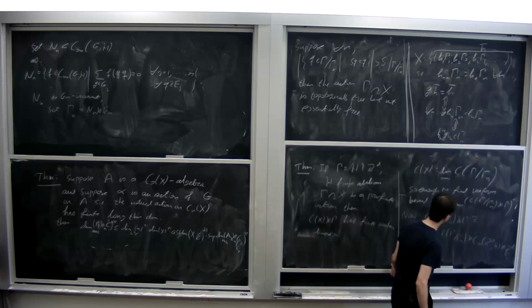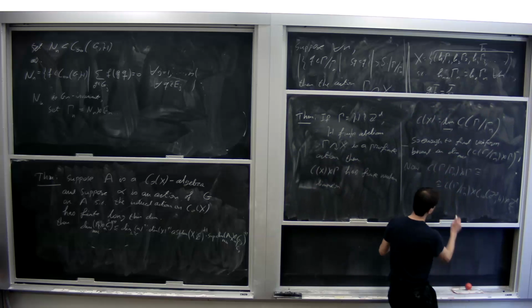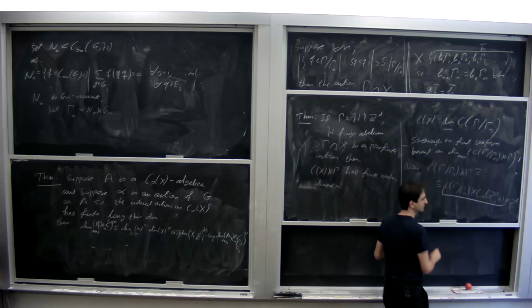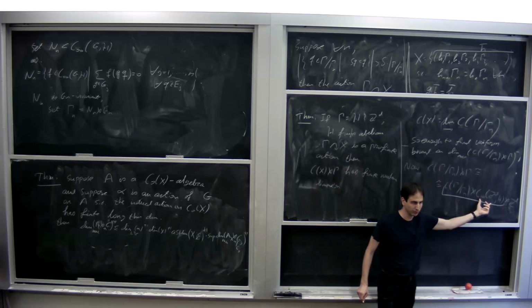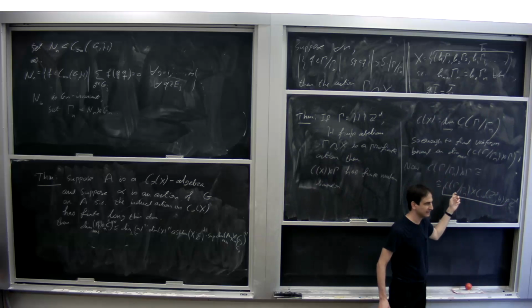So what's this? Here you have to stare at it a bit. It's a very simple thing. It's this group, which looks a bit nasty, but it's not too bad. Its Pontryagin dual is a Cantor set, and it acts on some finite sets.